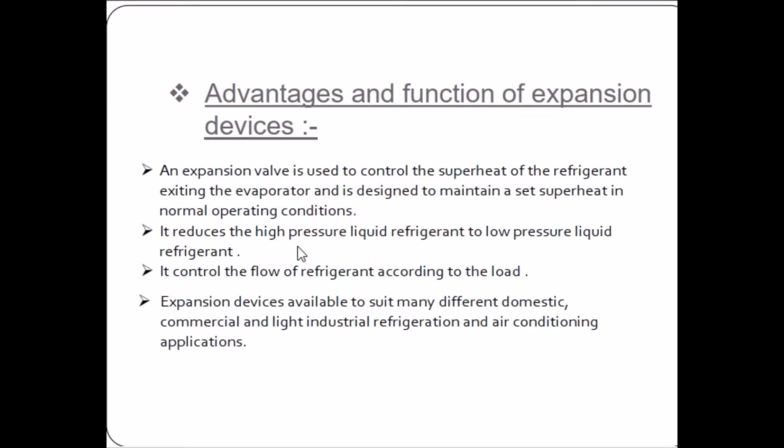It reduces the high pressure liquid refrigerant to low pressure liquid refrigerant. It controls the flow of refrigerant according to the load. And the expansion devices are available to suit many different domestic, commercial, and light industrial refrigeration and air conditioning applications.